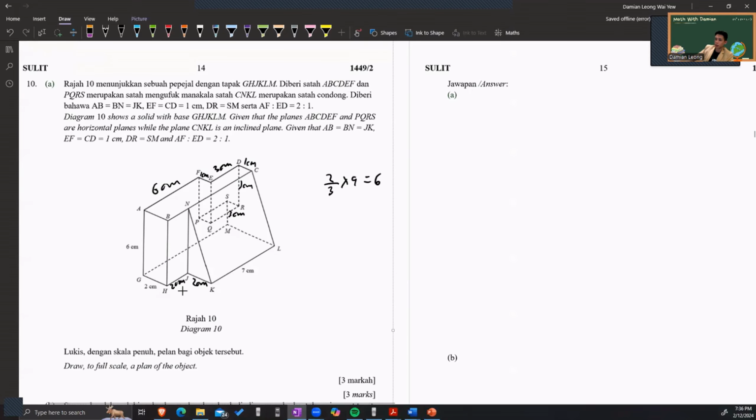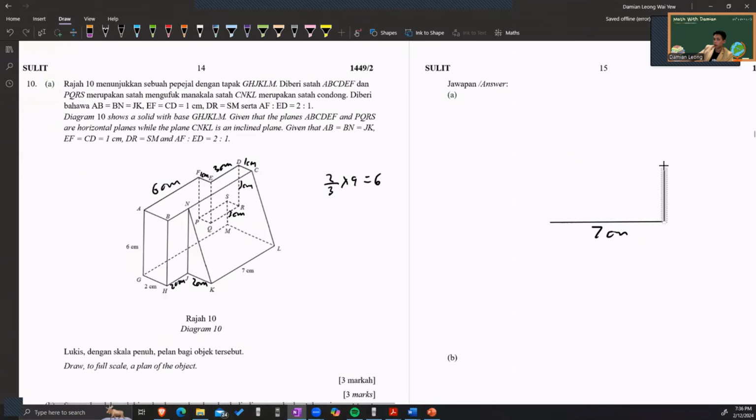Let's say I start from this 7 cm. So I measure, make sure you measure using a ruler. Okay, it's a bit hard for me to show here. So I will just draw and state the measurement. But yeah, you're supposed to use a ruler to measure exactly the 7 cm.